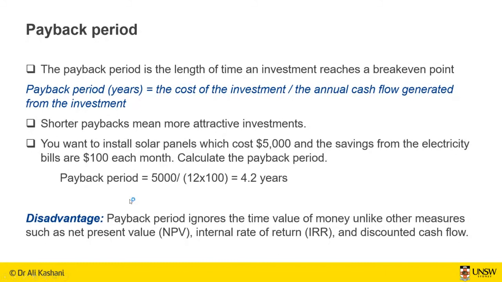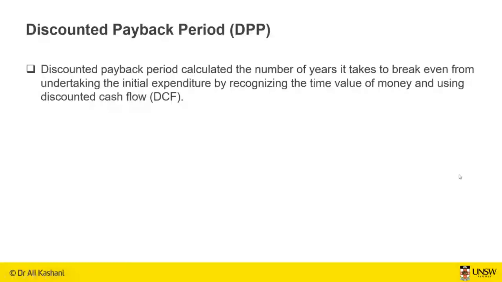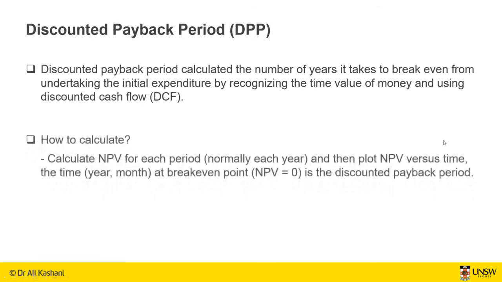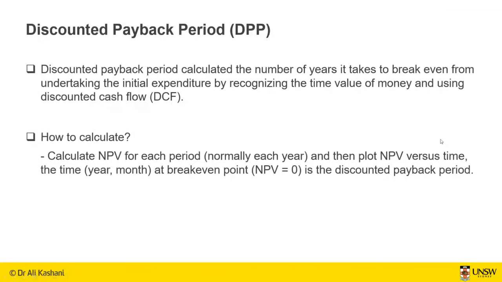As I mentioned, it's not going to consider the net present value of money, so the better way of doing that is going to be using another version, which is the discounted payback period. The discounted payback period calculates the number of years it takes to break even from undertaking the initial expenditure by recognizing the time value of money, which means that it actually uses the discounted cash flow.